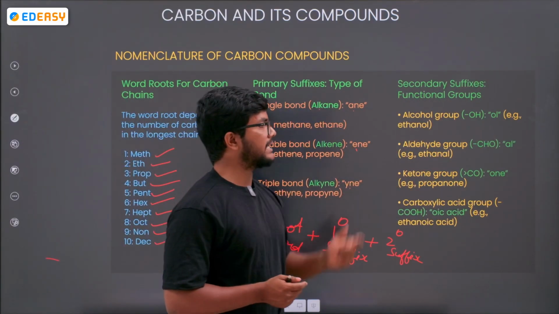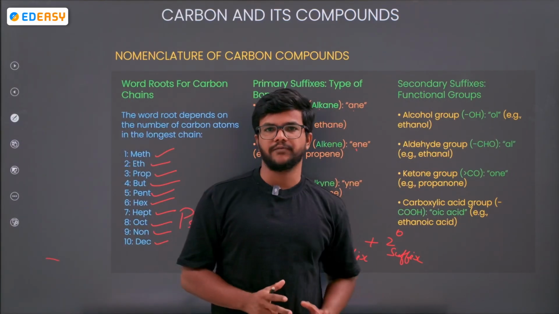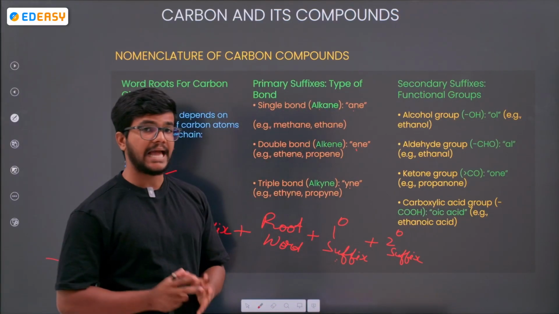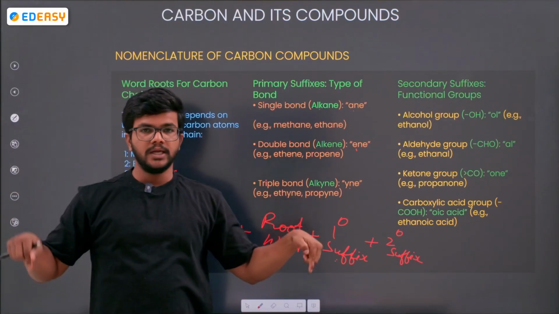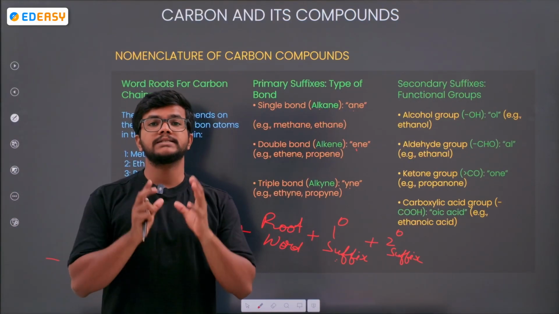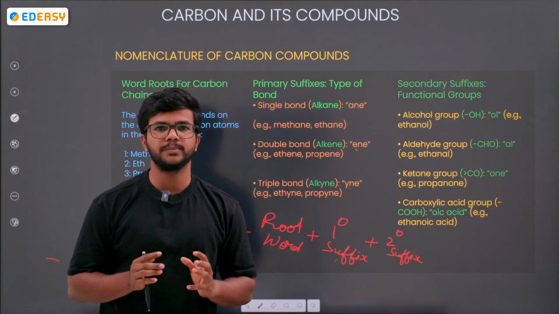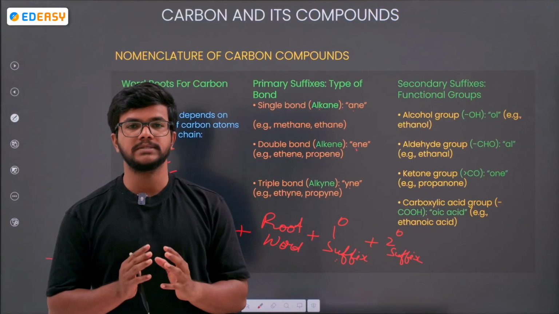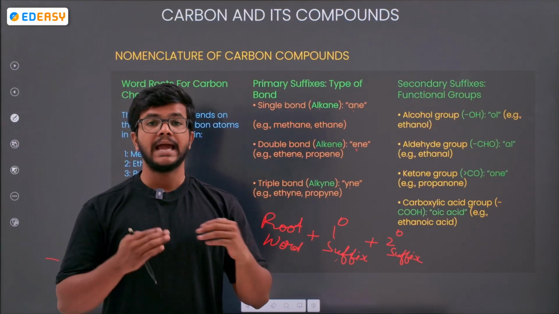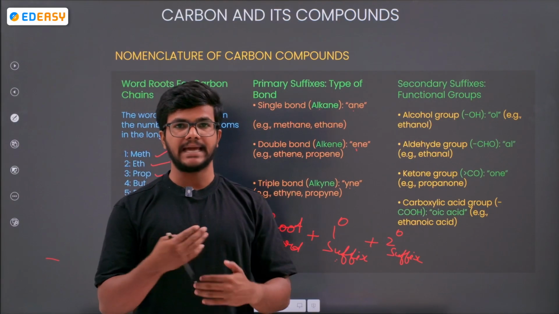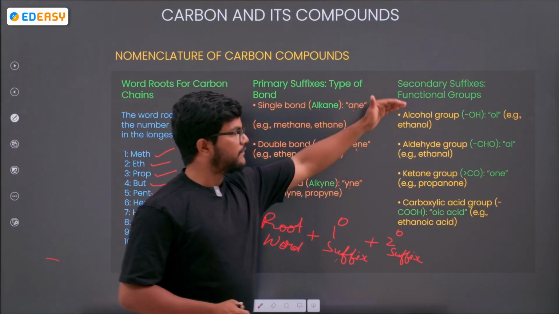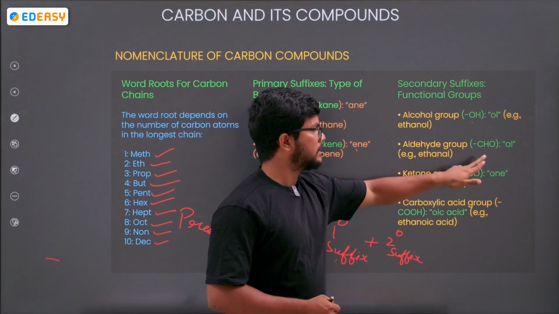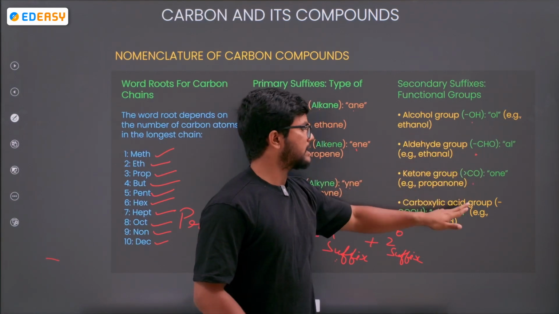Next is the secondary suffix. What is the secondary suffix? As we discussed in the previous slide, there is a table with groups called functional groups. What are functional groups? Functional groups are the groups which can replace the hydrogen and which show different characteristics or properties of the carbon chain. So there are different functional groups like alcohols, aldehydes, ketones, carboxylic acids.